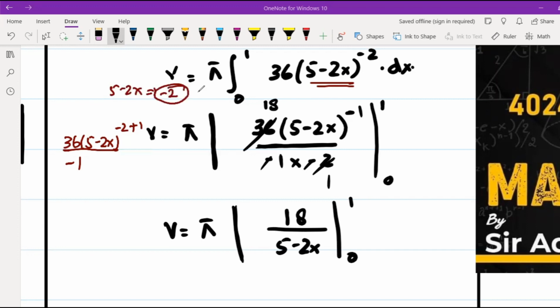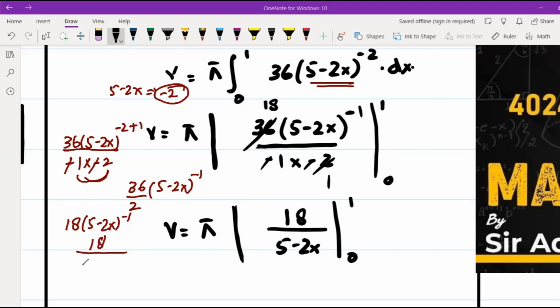In differentiation we multiply this; in integration what we do is divide. Negative, negative cancel. 2 ones is 2, so this should be 36 divided by 2, which is 18 (5 minus 2x) to the power negative 1. To make the negative 1 positive, we reciprocal the bracket to the denominator.